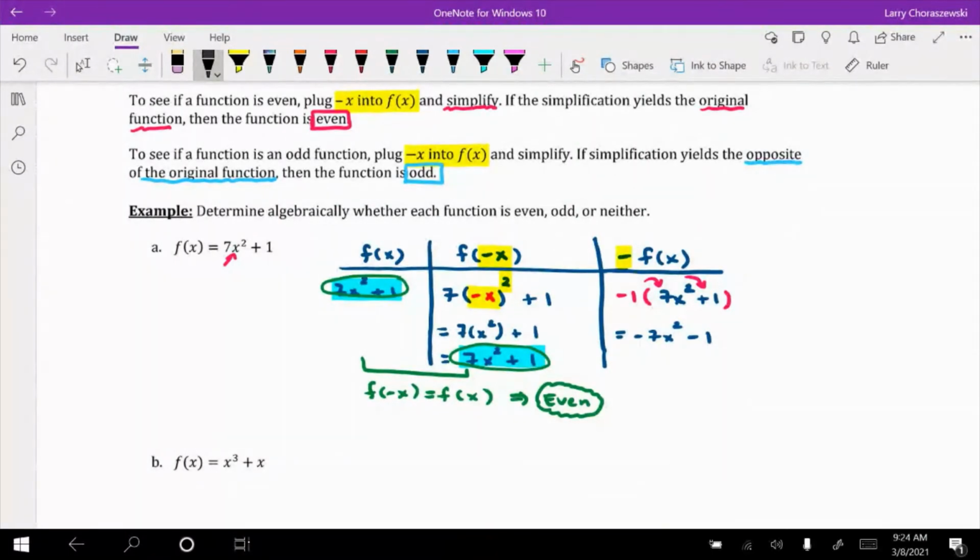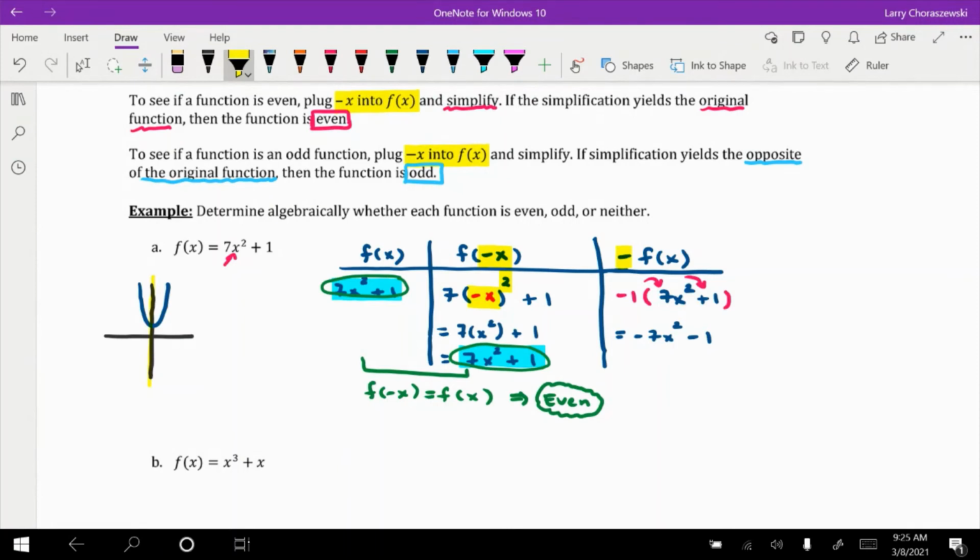And check this out. If you were to sketch this graph on the graphing calculator, you would find that this graph is kind of like a narrow U-shaped curve. It's a parabola, maybe something like that. And this would be a graph having y-axis symmetry.